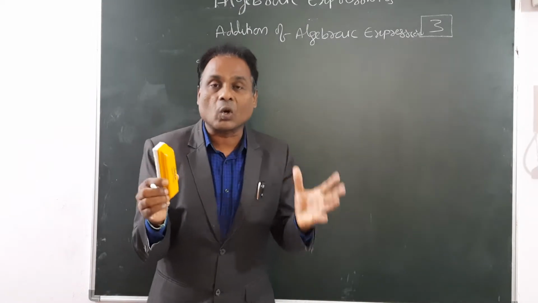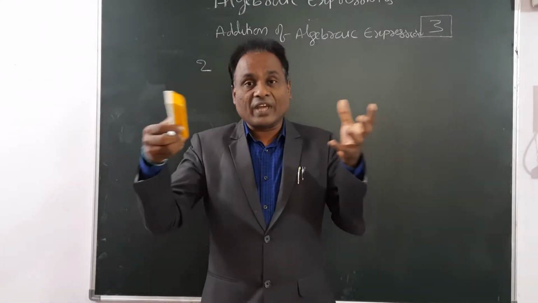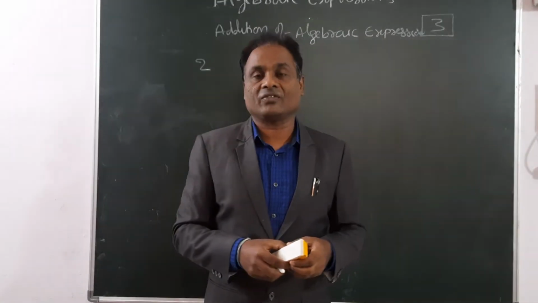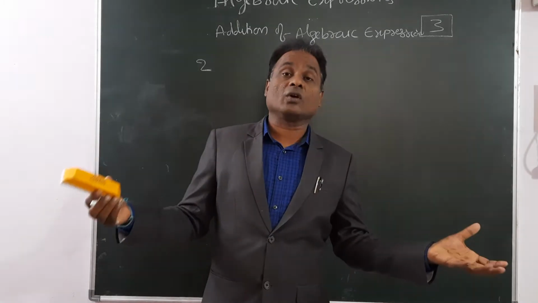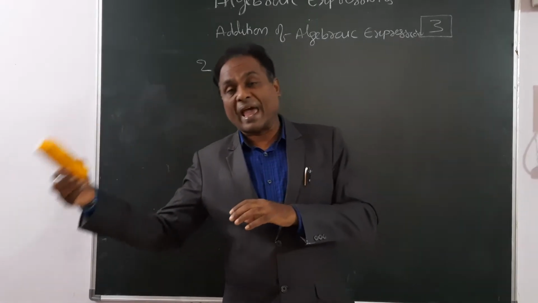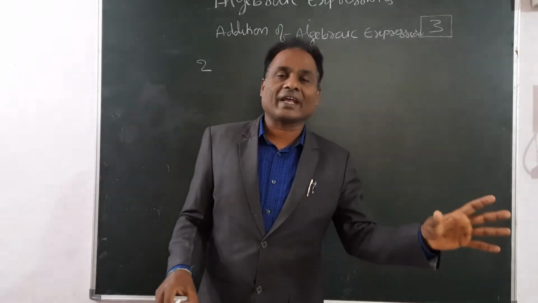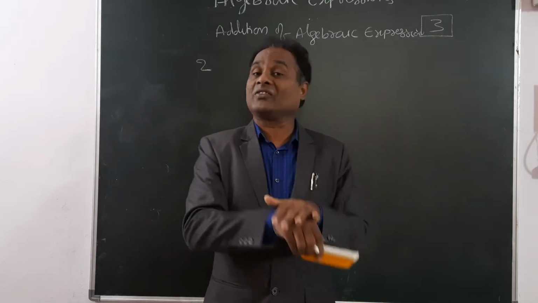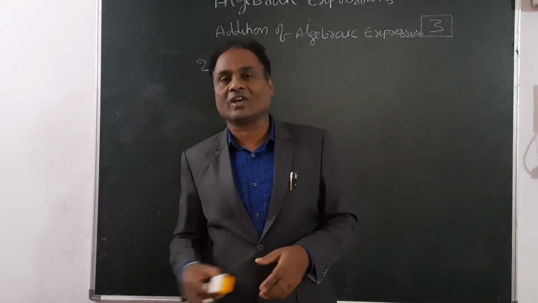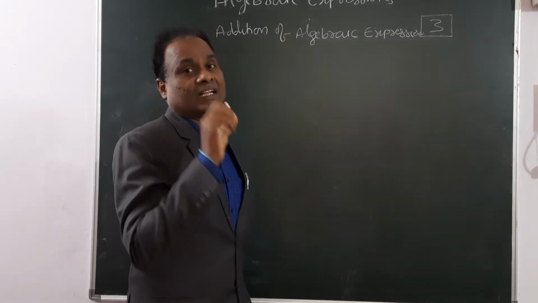To find the total apples, we add apples only. 5 apples and 4 apples give 9 apples; 4 mangoes and 3 mangoes give 7 mangoes. We cannot say 5 mangoes and 4 apples make 9 apples, or 9 mangoes either. So we have to add only like terms.